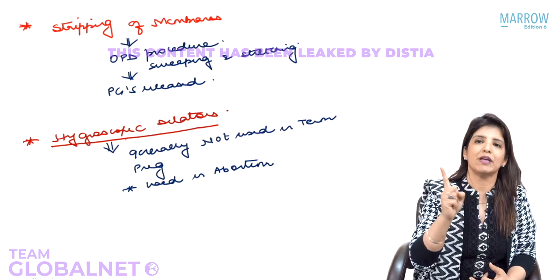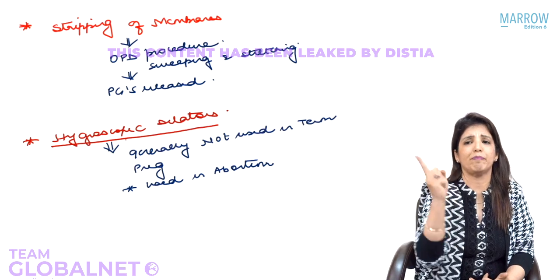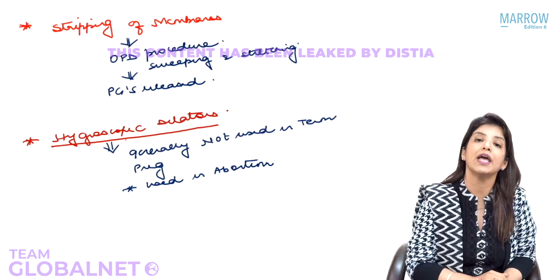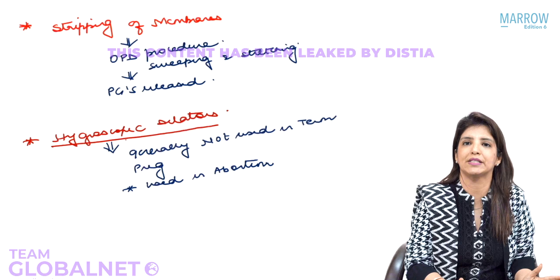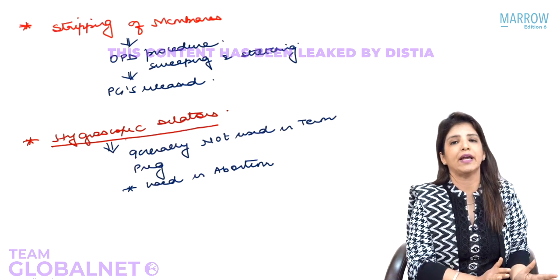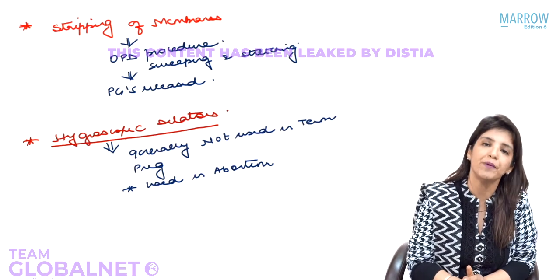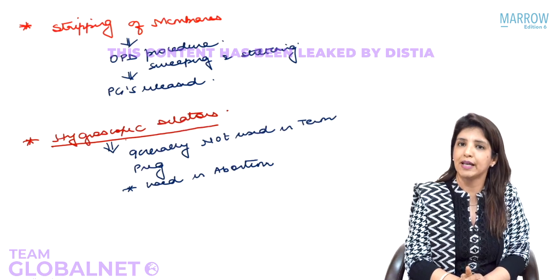We have the method where we put our fingers in the cervix and sweep around the membranes, that is, we stretch and sweep the membranes. And we have hygroscopic dilators like laminaria tent, which are better for abortion and generally not used for inducing labor. Have you understood all the methods for inducing labor?